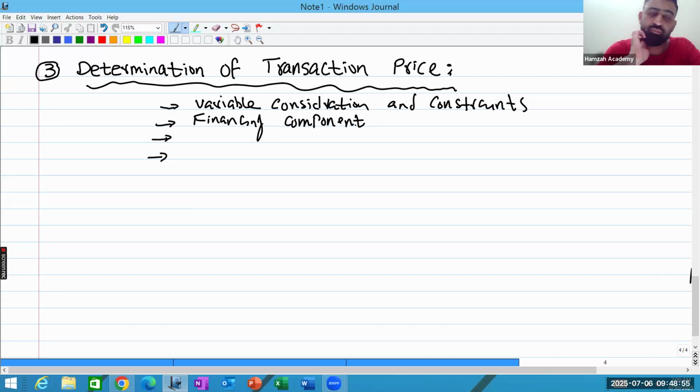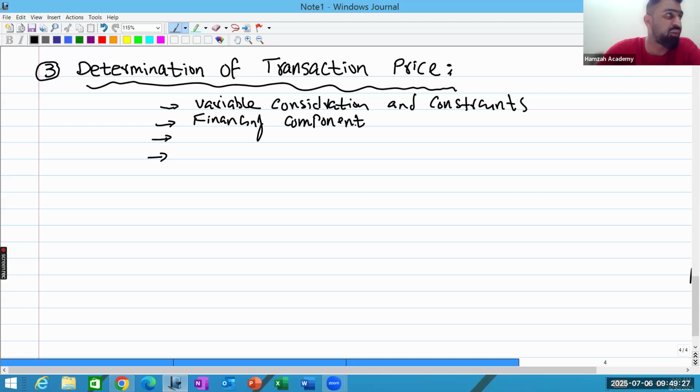Now, in this case, $100 million is a fixed consideration, and the extra 10 million, which is contingent upon some future events, that we have to complete that construction within 1 year, that is a variable element. And whether we can complete it within 1 year or not, that is a constraint. So that is a variable consideration, and the constraint attached to the variable consideration, which we have to consider in determination of the transaction price.